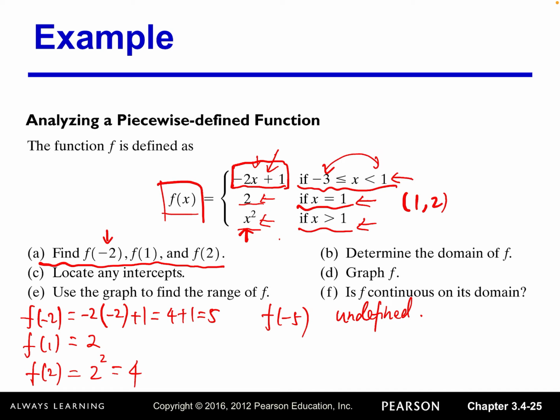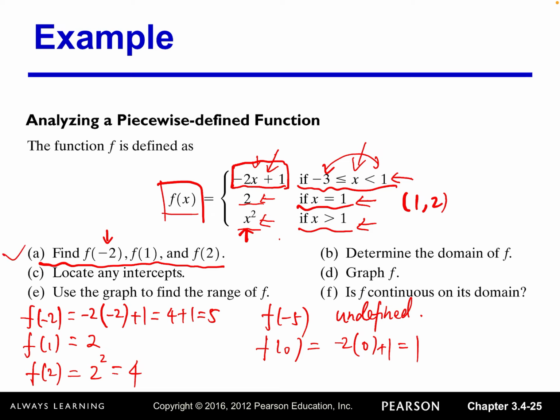That's why we say f of -5 is undefined. All right, what about f of 0? 0 falls in the first category, right here still. So that equals -2 times 0 plus 1, which is 1, right?